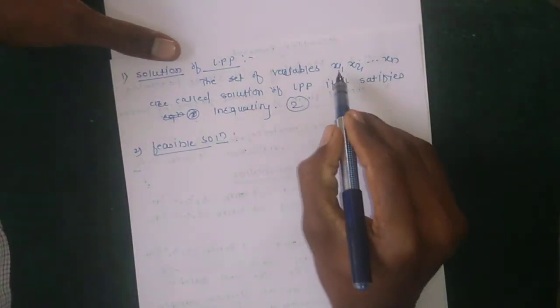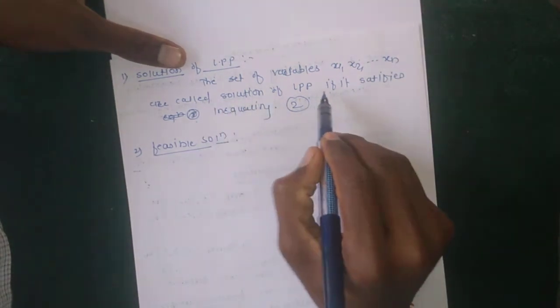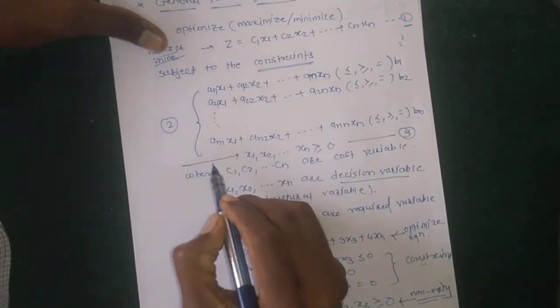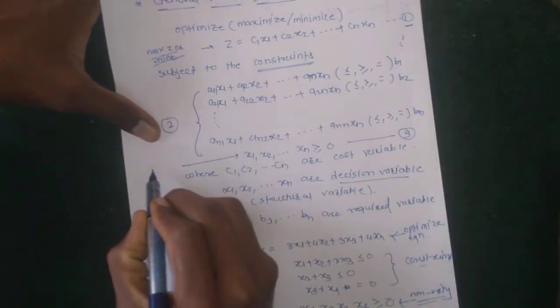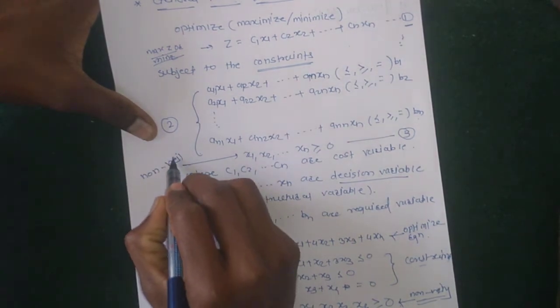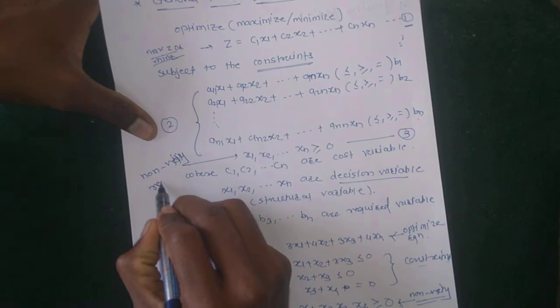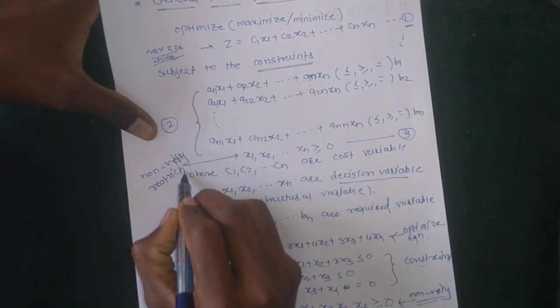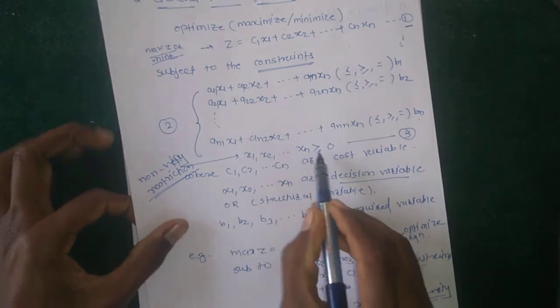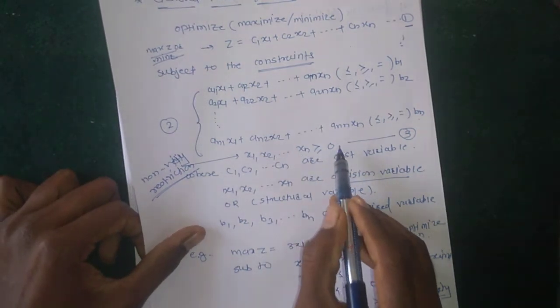Non-negativity condition means x1, x2, up to xn are all greater than or equal to 0. This is called the non-negativity condition.